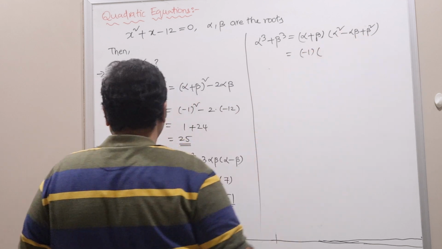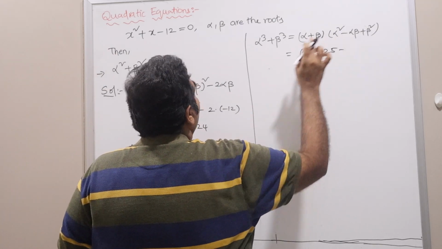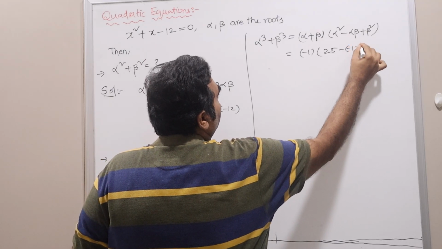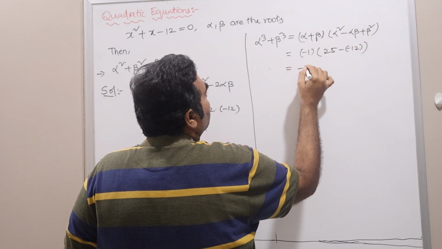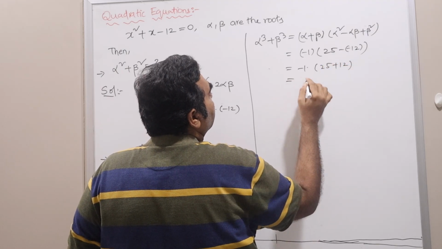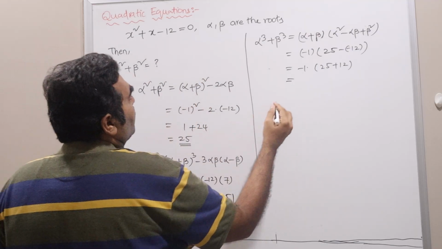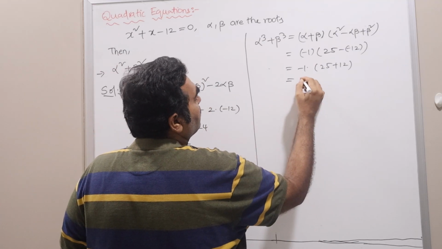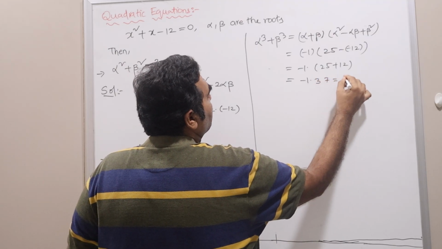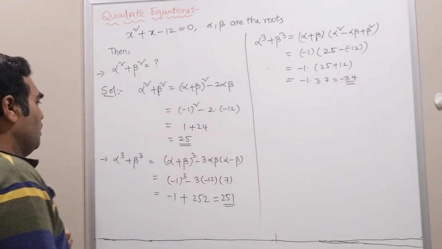Alpha square plus beta square we have just now calculated as 25, and alpha beta is minus 12, so minus of minus 12, which is minus 1 into 25 plus 12. We are getting some random result. Let me check. So minus 1 into 37, which is equal to minus 37. Let me check where it went wrong.